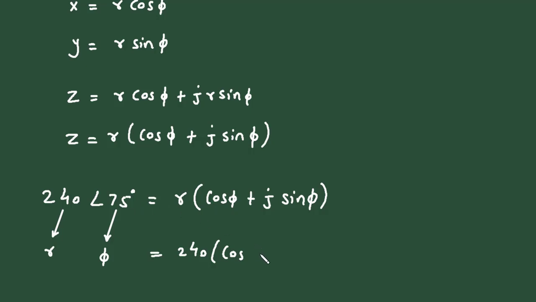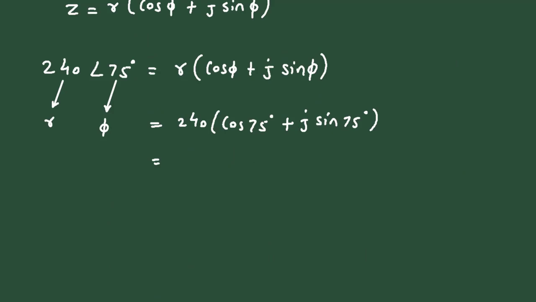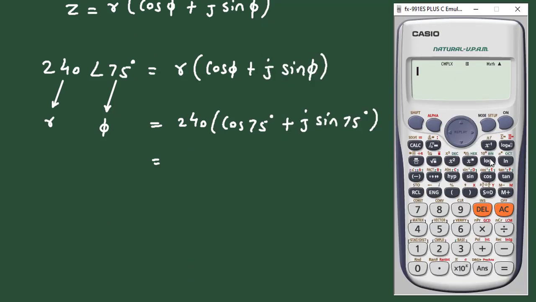The value of phi is 75 degree, plus j sin phi, value is again 75 degree. So now we can calculate this in calculator. 240 into cos 75 plus j into sin 75.